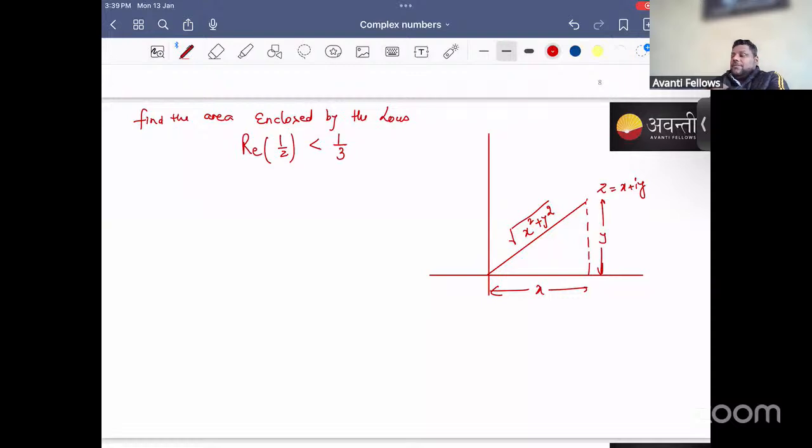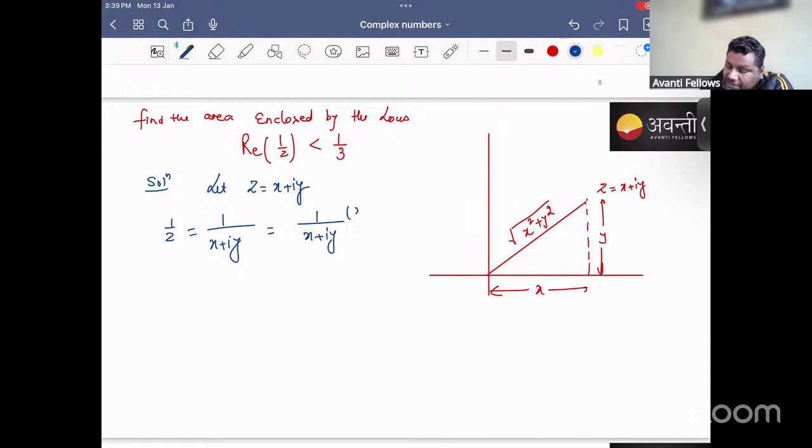See, how do we do it? Let z be equal to x plus iota y. So 1 by z is what? 1 by z is 1 upon x plus iota y.